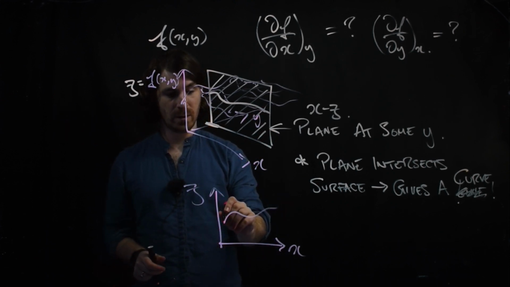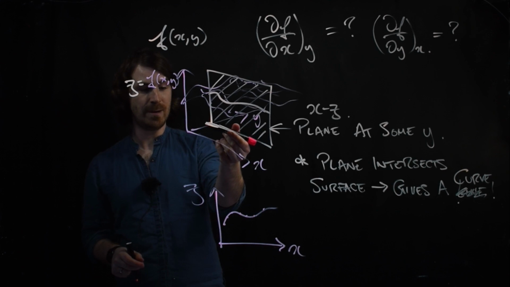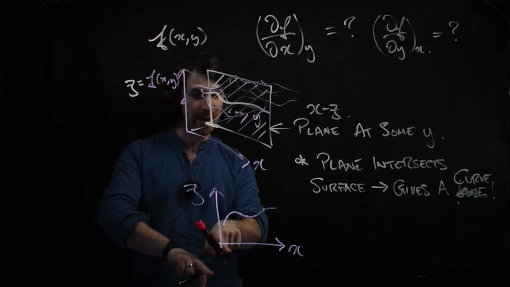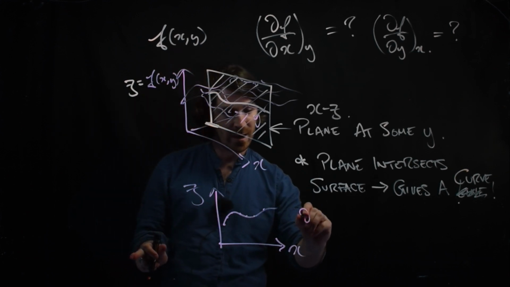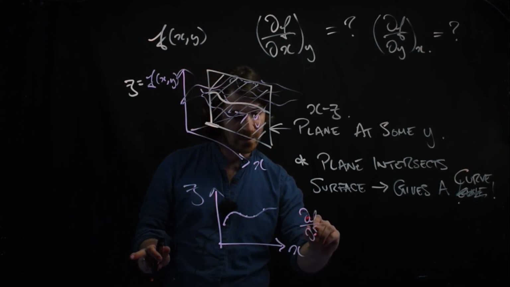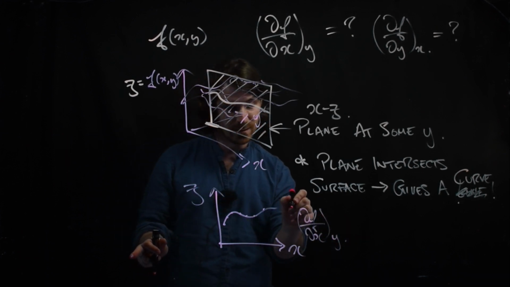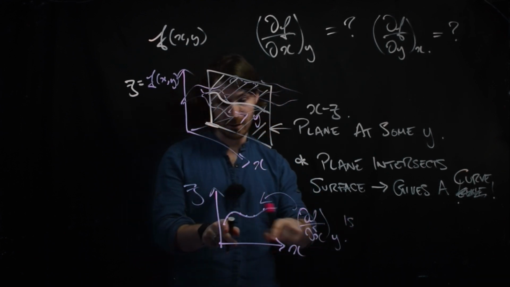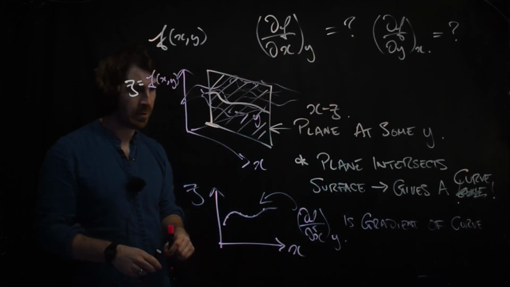And these are points on the surface at this fixed value of y. We see how the function changes along x as y is held constant. So df by dx as y is held constant is the gradient along this curve.